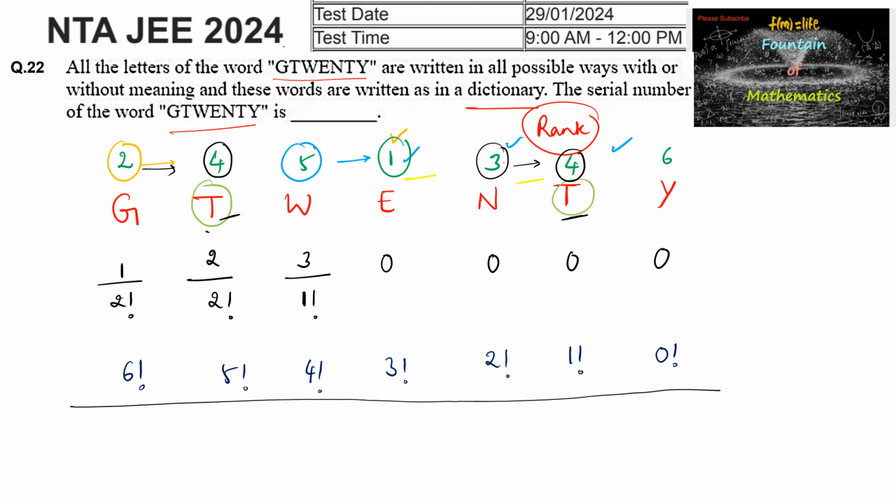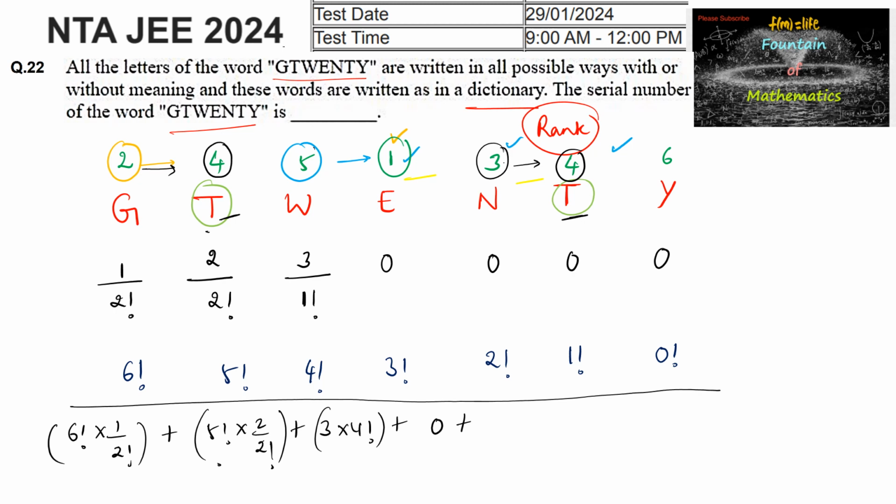So we'll get 1 by 2 factorial into 6 factorial, that is 6 factorial into 1 by 2 factorial, plus 2 by 2 factorial, 5 factorial into 2 by 2 factorial, and again add next number, 3 by 1 factorial, that is 3 into 4 factorial. Next again 0 into 3 factorial, 0 into 2 factorial, 0 into 1 factorial, and 0 into 0 factorial.